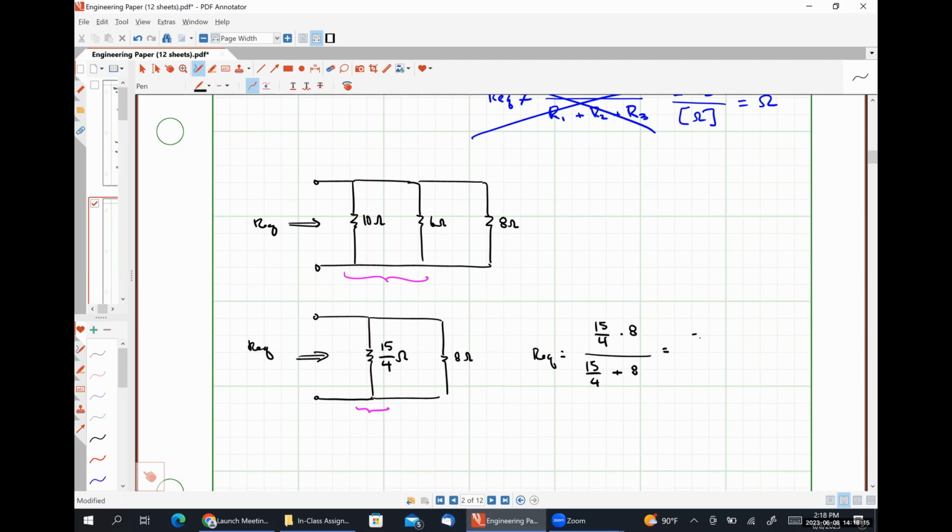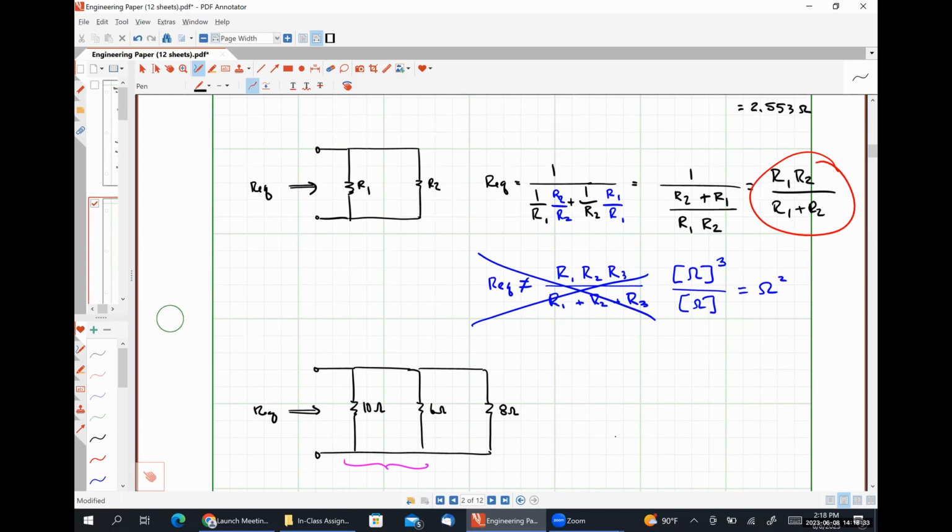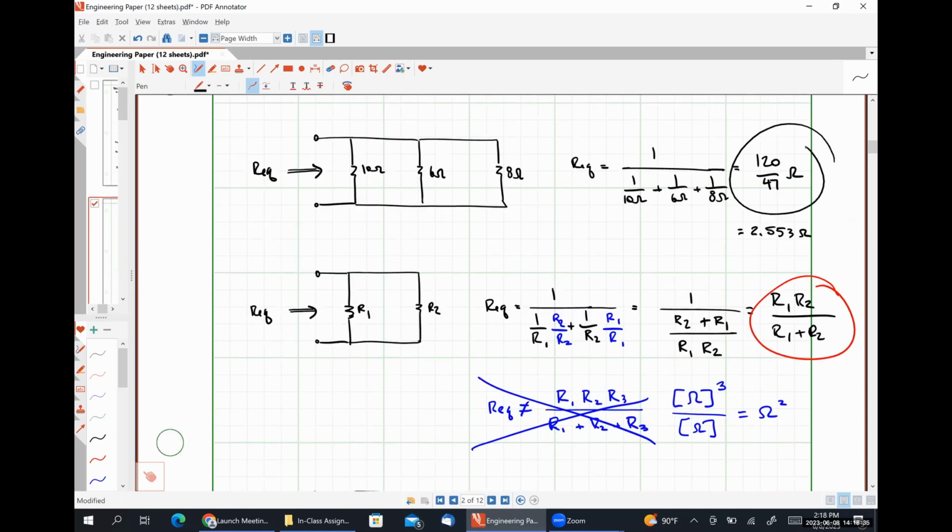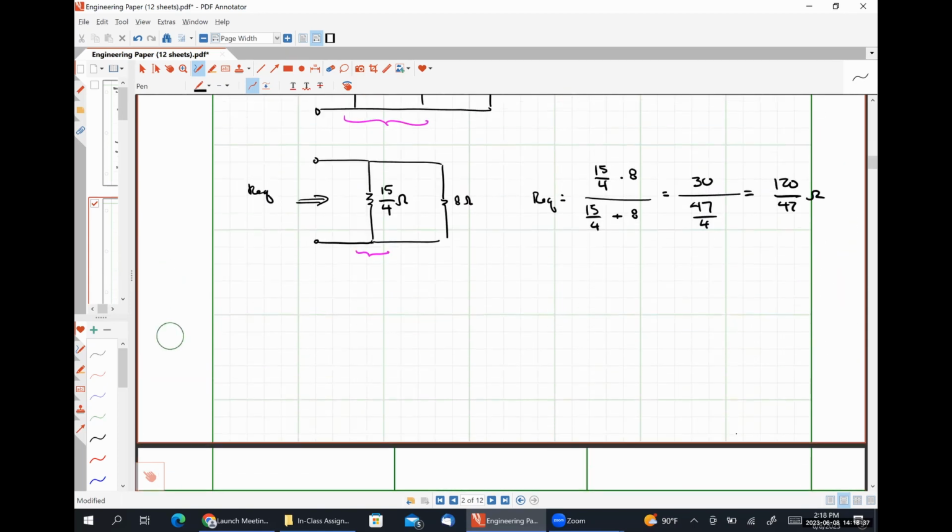So that's going to look like 30 over, let's see, 32 plus 15 is 47, over 4, or 120 over 47 ohms, which is exactly what I got up here. So we can use that 2 resistor equivalent circuit multiple times to get our equivalent resistance in effectively bite-sized little chunks.